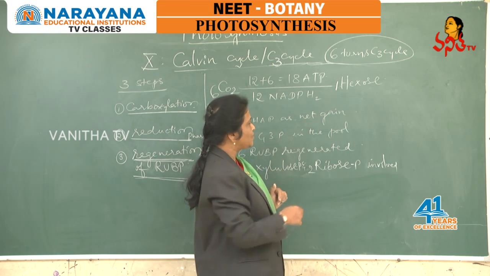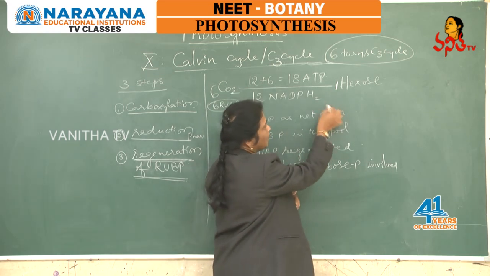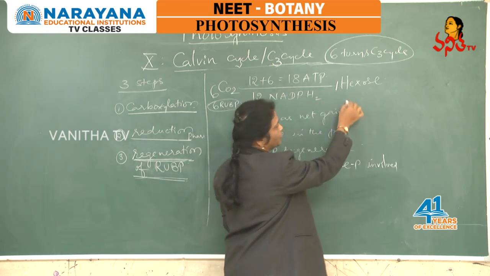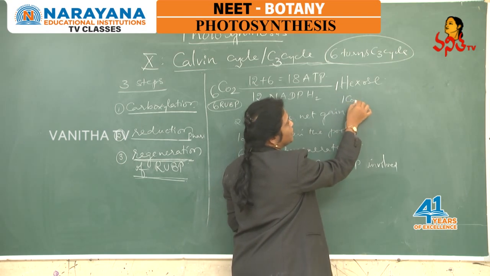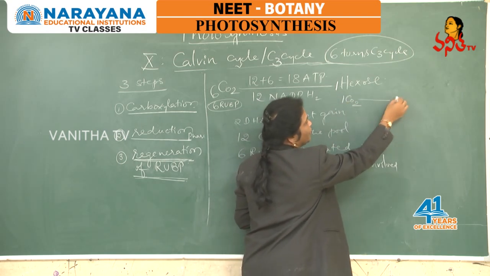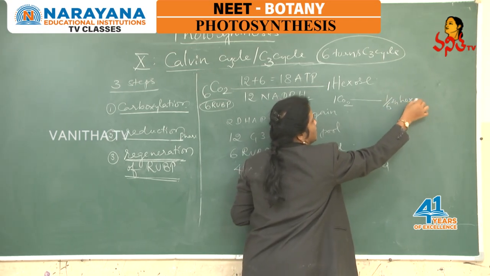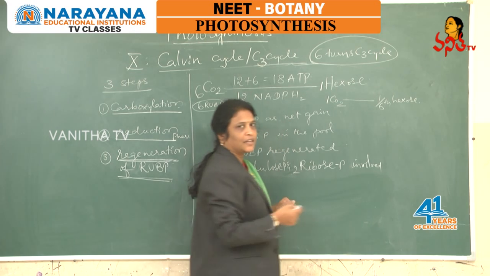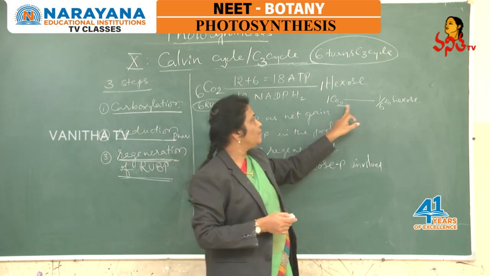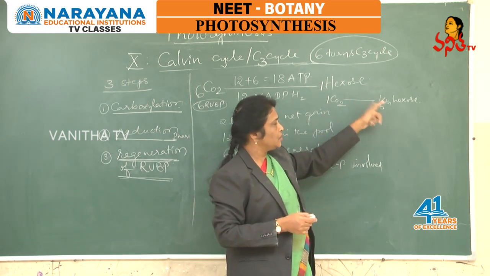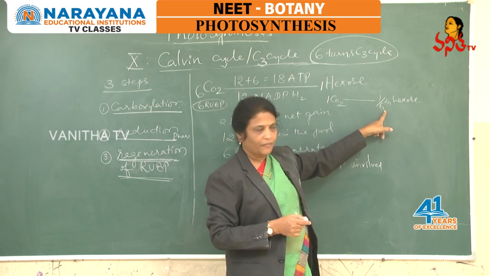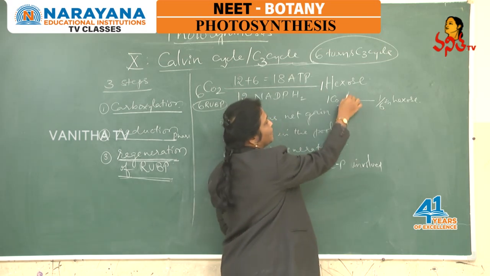So, now students, let us count how many ATP and NADPH molecules are utilized for the fixation of 1 CO2, that is for the synthesis of 1/6 of a hexose. Of course, it may not exist, but even then, just for calculation, we are following it. For the fixation of 1 CO2, how many turns of the Calvin cycle?